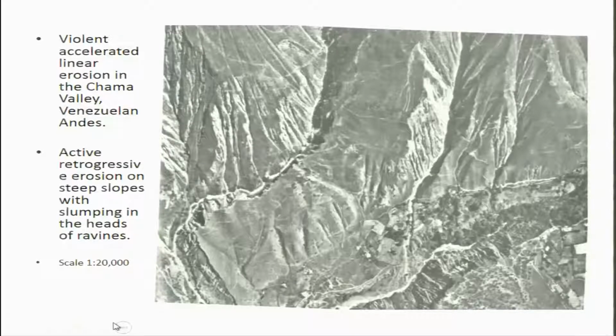This is a very fascinating image that shows the accelerated linear erosion in the Chama Valley, and this is also showing the retrogressive erosion on the steep slopes.